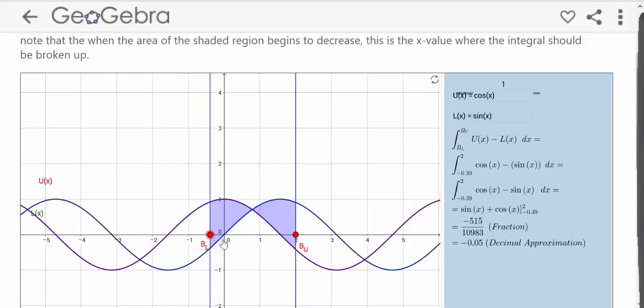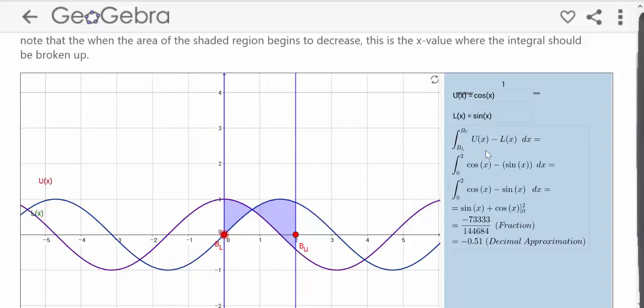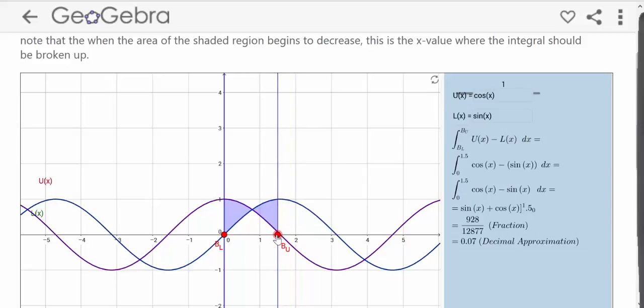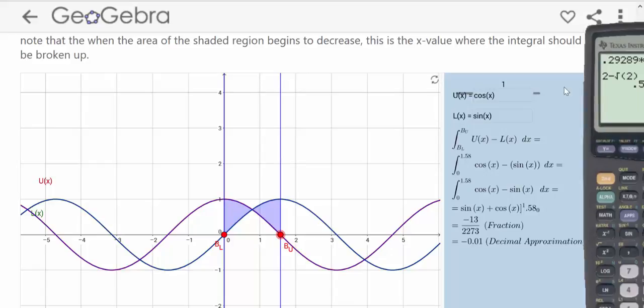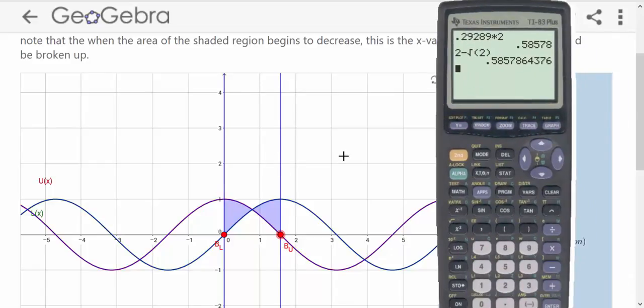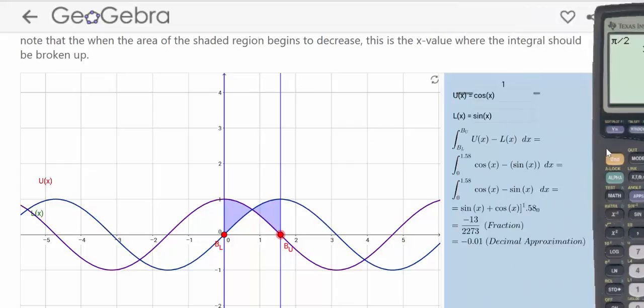So I'm going to move that over to 0. Then I'm going to move this over to about, let's see, pi over 2. Unfortunately, they're doing decimals on this, so this may not work real well on this one. Anyway, if you do pi over 2 on a calculator, you're about 1.57.